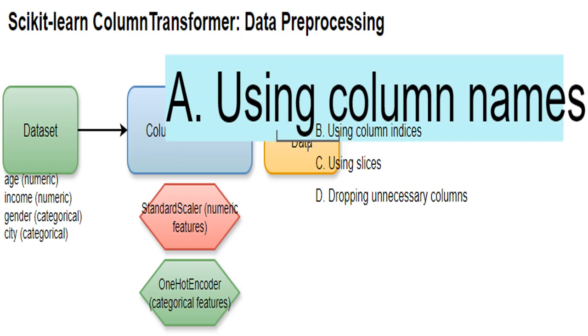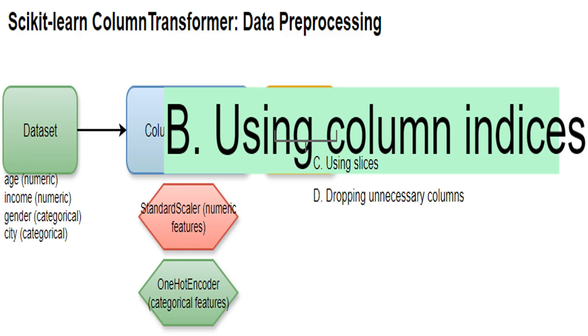I directly specify the columns by their names, such as age and income. This approach is highly readable and easy to maintain. Instead of names, I use numerical indices, 0, 1, 2, etc., to refer to my columns. This is less readable but works when column names aren't readily available or are cumbersome.